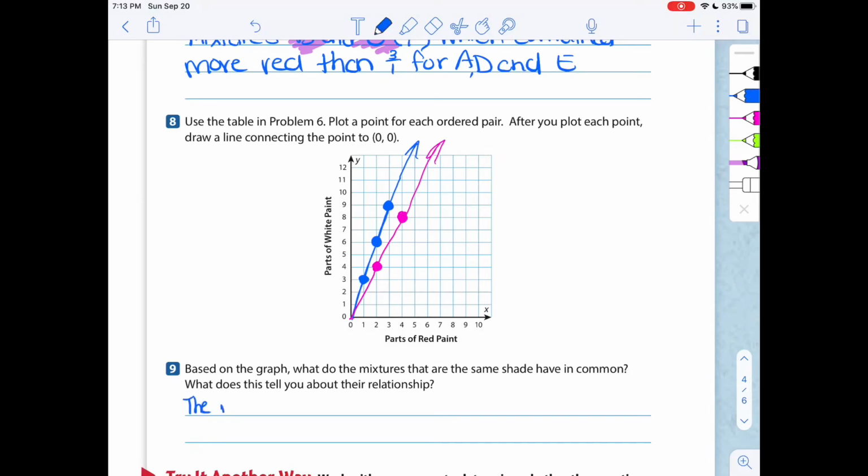So like we discussed, the points in the same proportional relationship lie on the same line.